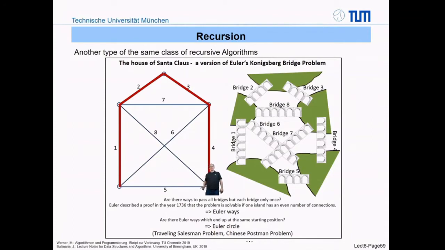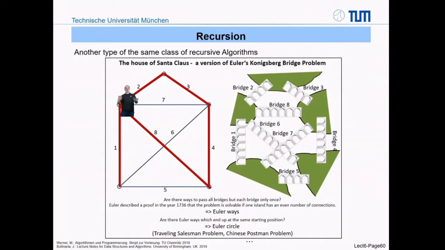The only thing I have to remember is that I came from here, and then I do the same decision. So this is already marked, so I can just go to here. So what I do is I jump to here, and then I continue in the same style.